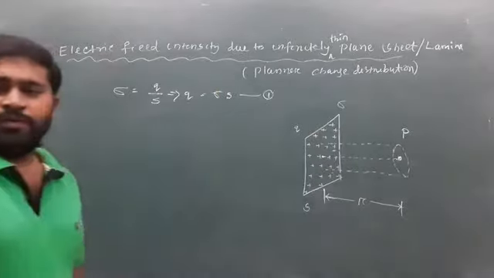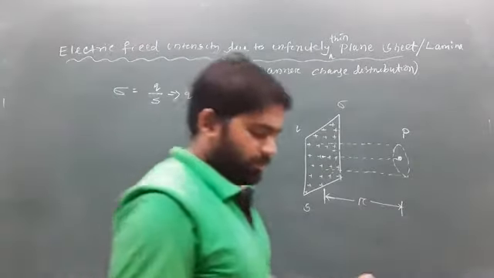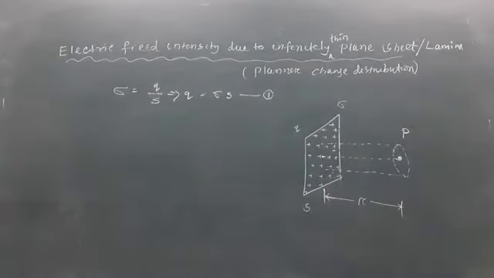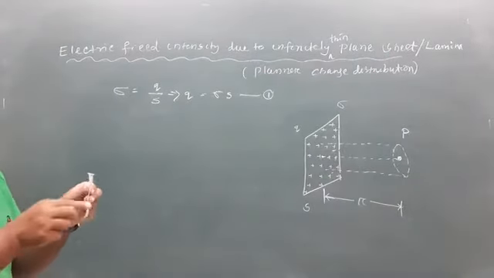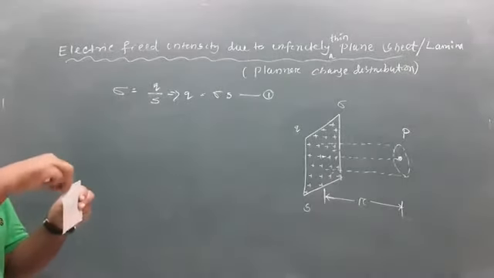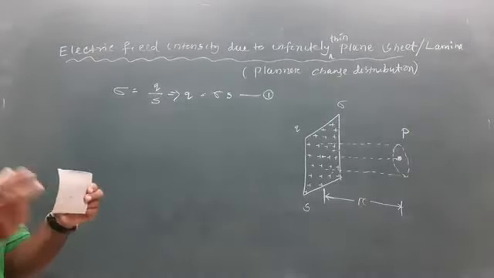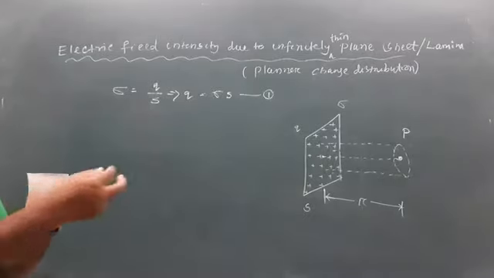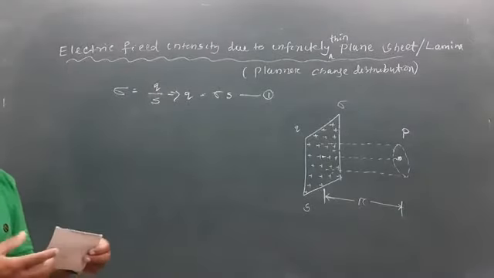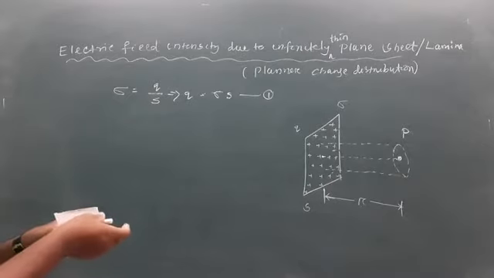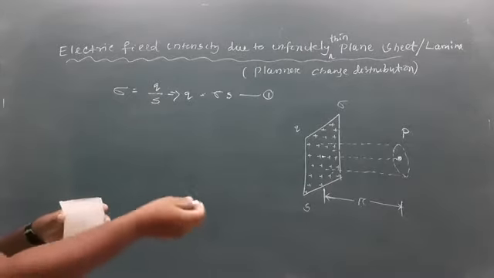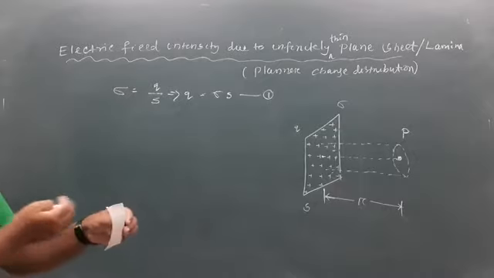Simply we can take an example: this is a plane sheet, and its thickness is very small. When this plane sheet contains some amount of positive charge, the electric field lines are in the outward direction, which means the electric lines of force will emerge from this region as well as from this region.